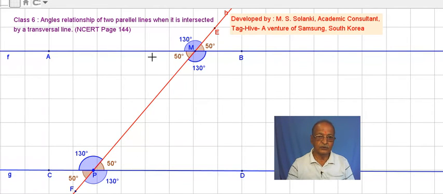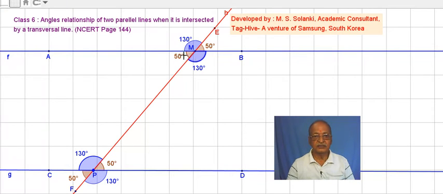Between AB and CD are the interior angles. These are outside the parallel lines. So the sum of 50 plus 130 is 180. So this third condition is also satisfied. This angle 50 or 130, plus 50, is 180.